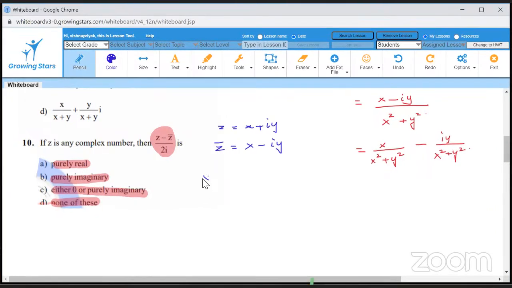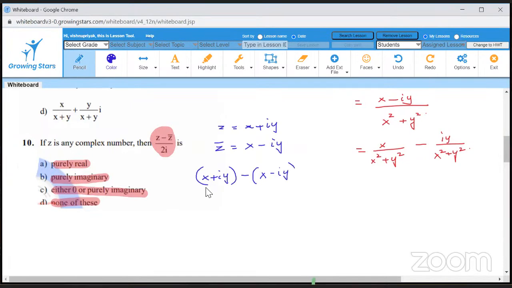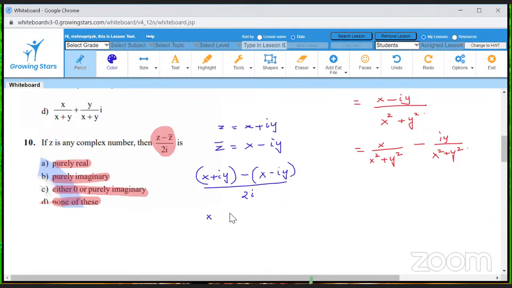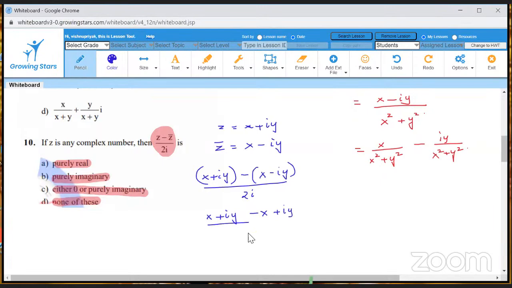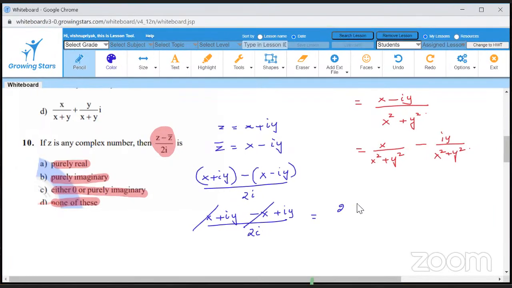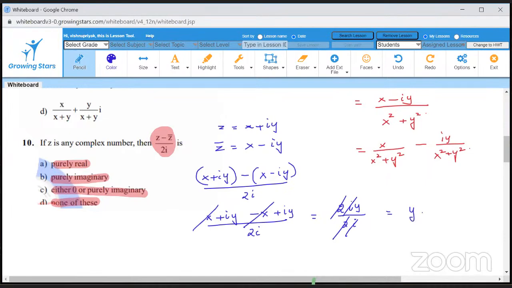You have to take z, then minus z bar, x minus iy, by 2i. So remove the brackets, minus x plus iy by 2i. x and x will cancel. 2 times iy by 2i. 2 cancels, i cancels, only y is left.